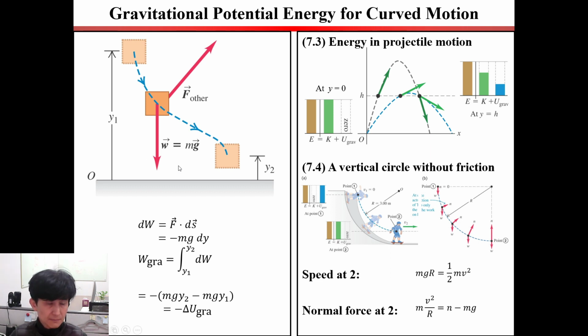So we have already mentioned that regardless of the path, the work done by the gravitational force is identical as long as the initial height and the final height are the same for two different cases.